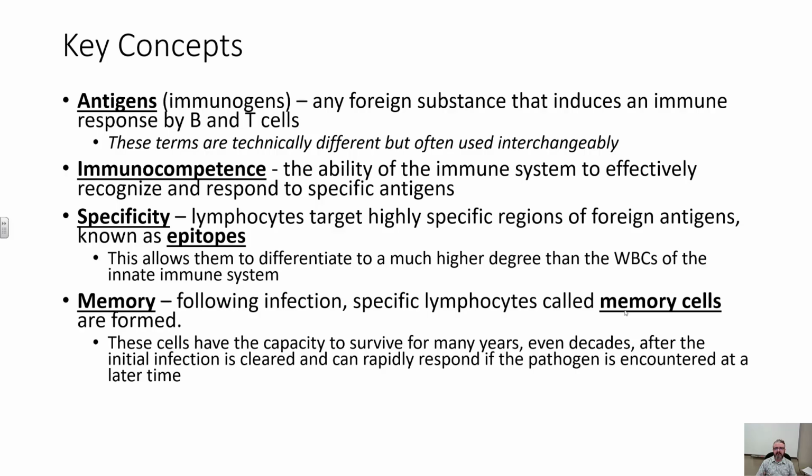And this is the idea of building immunity or building your immune system. You get sick, the body is kind of unable to respond effectively the first time, but after clearing the infection, you now have memory, and if the pathogen or antigen comes back a second or third time, with that memory in place, the body is able to respond to it much more effectively. And that's the idea of building your immune system based upon memory.